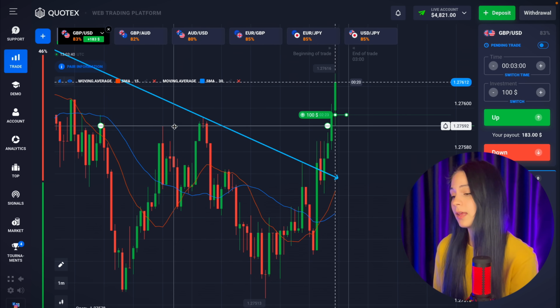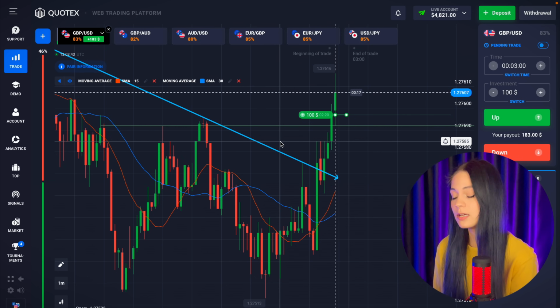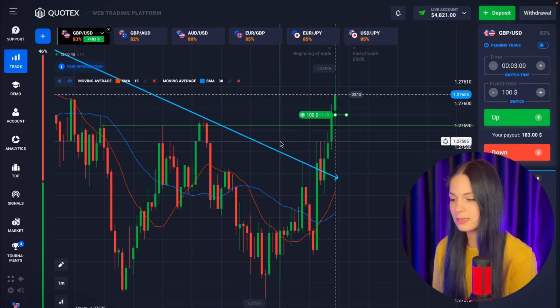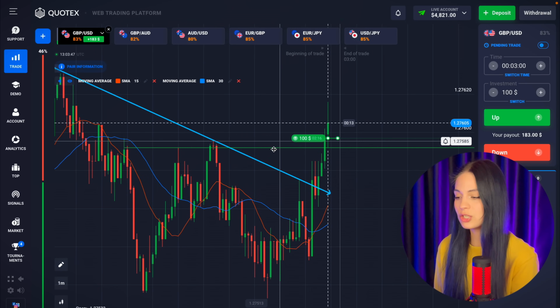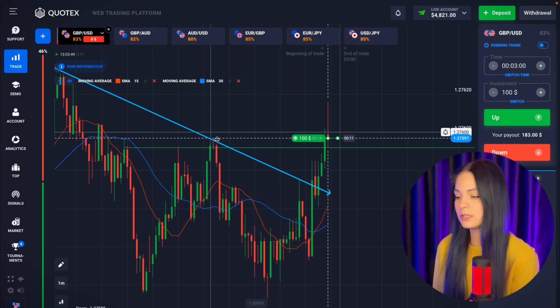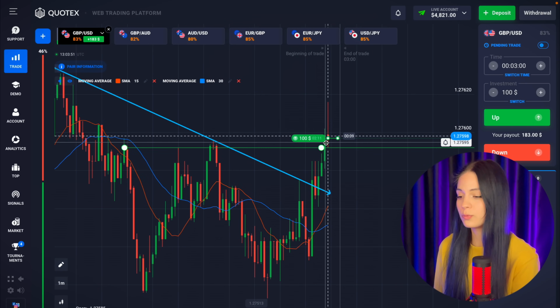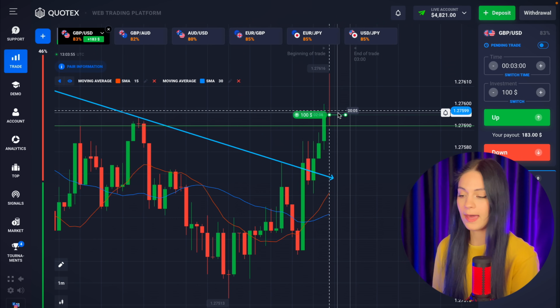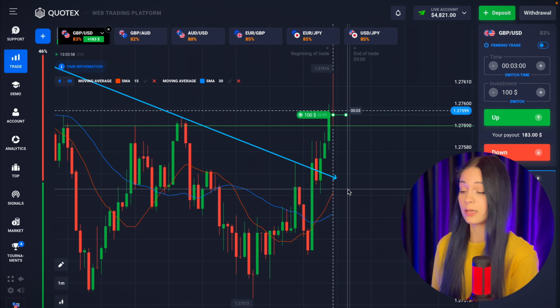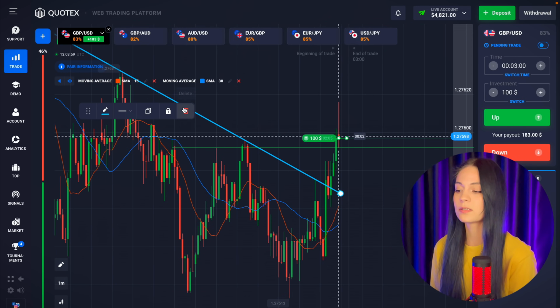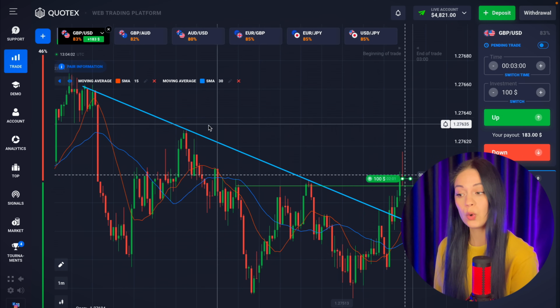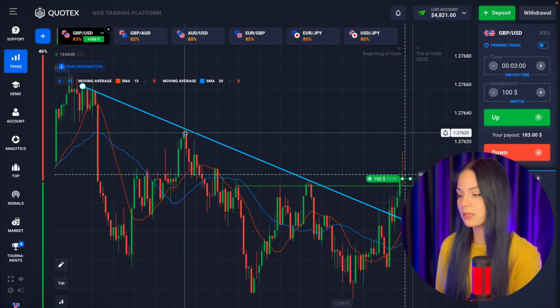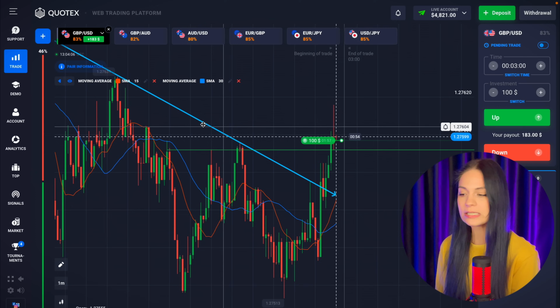And why I didn't enter a trade right here is because we have another level here, and for us to be sure and make sure the deal is beneficial, we need to wait for this level to be broken as well. So here we have momentum, a green candlestick breaking through that level, and we are expecting the price to grow, and I'm expecting the growth to be around this level as well.